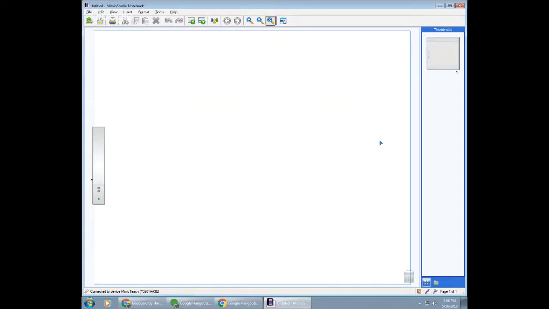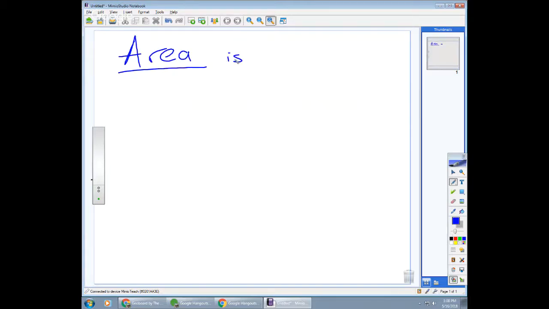All right. So one note about the stuff we're doing is, as far as area is concerned, the typical measurement for area is squares. Now, it turns out you don't have to use squares. You can use any shape that will just tile together, kind of like floor tiles. Okay? Could be triangles. Could be hexagons. We tend to use squares, okay?